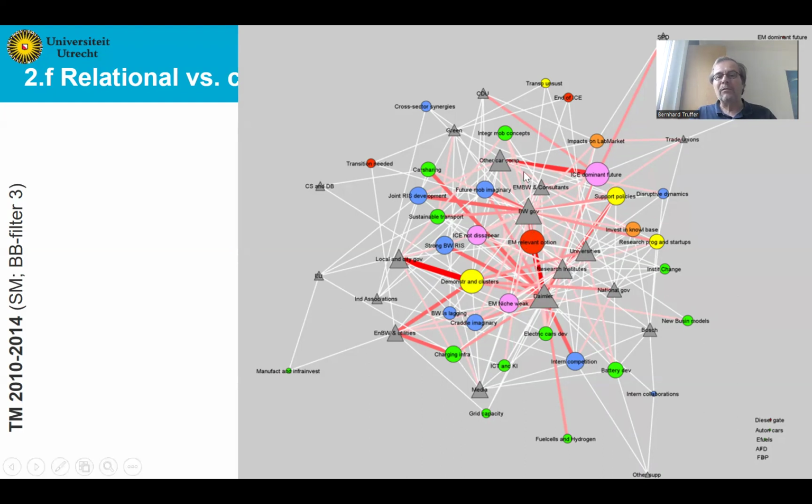You also see that the Baden-Württemberg government was very interested in having joint regional innovation system development, was arguing in favor of sustainable transport, was supporting a new future mobility perspective, and was also very eager to support research programs and startups.